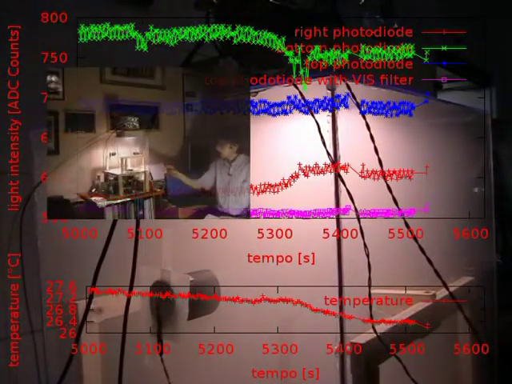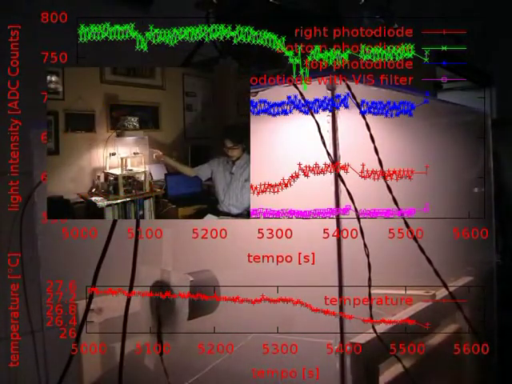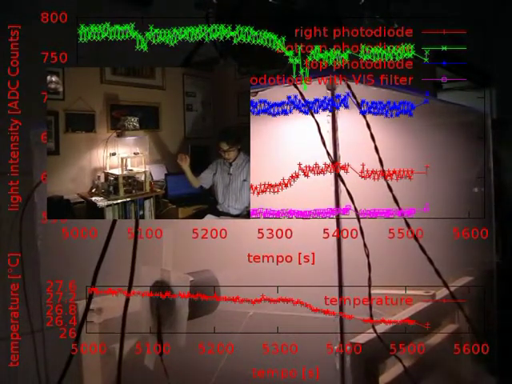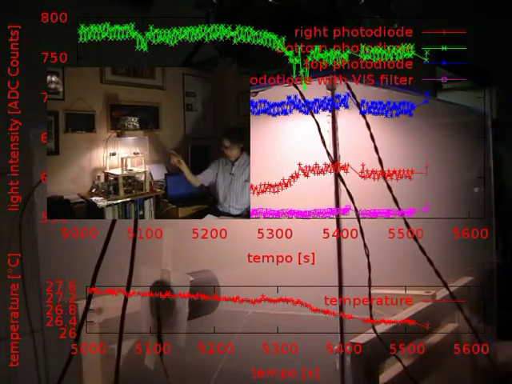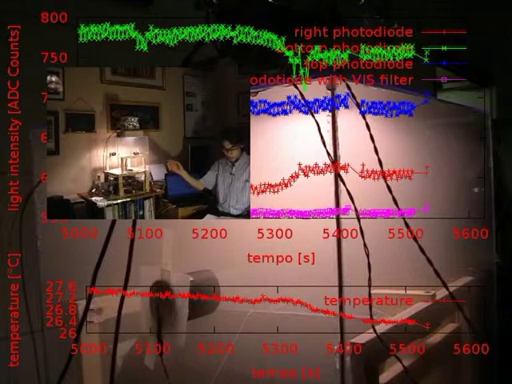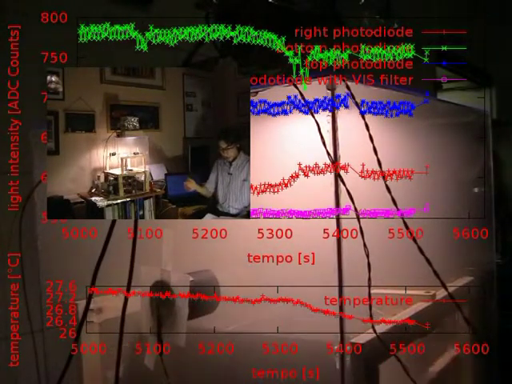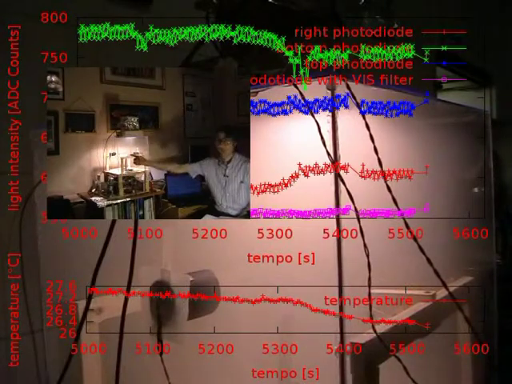Measures of light acquired by left and right photodiodes increase when the aerosol is introduced into the atmosphere chamber. In fact, the aerosol particles interact with the light, scattering towards these photodiodes.